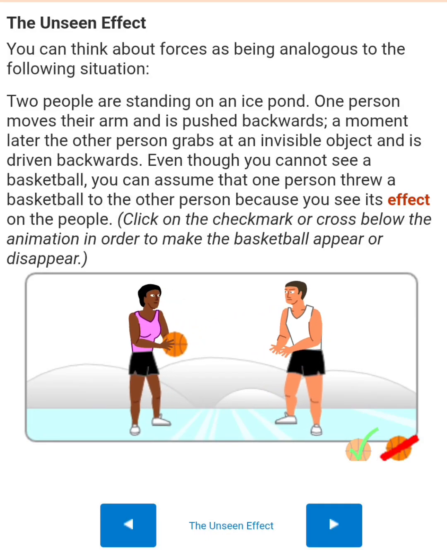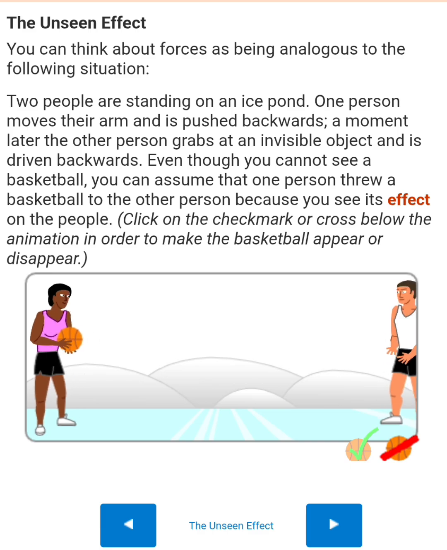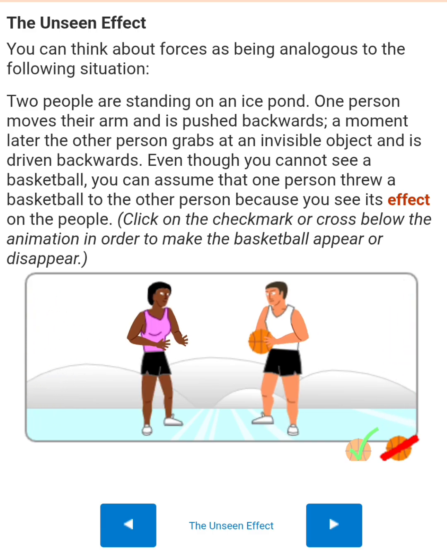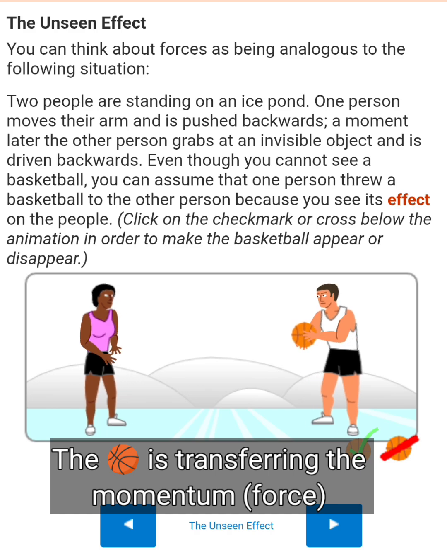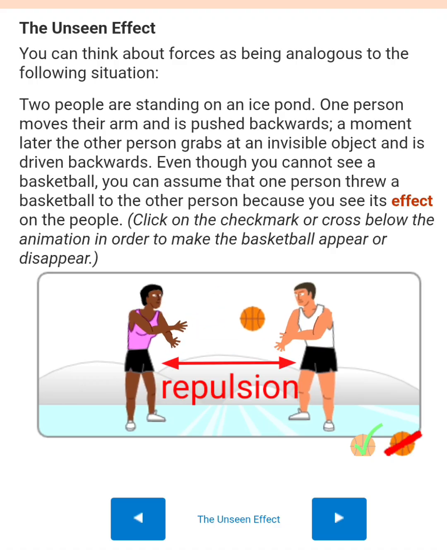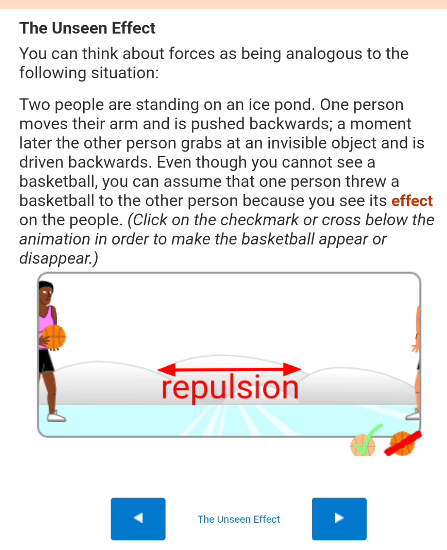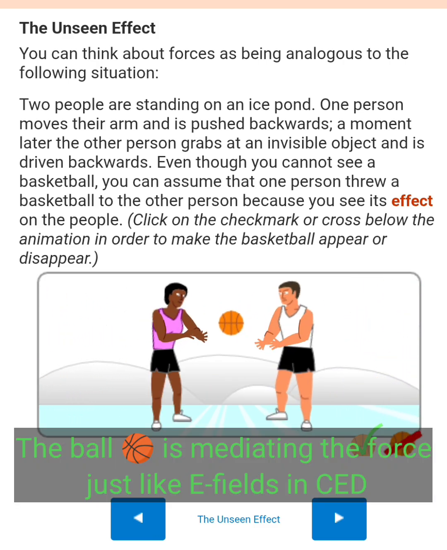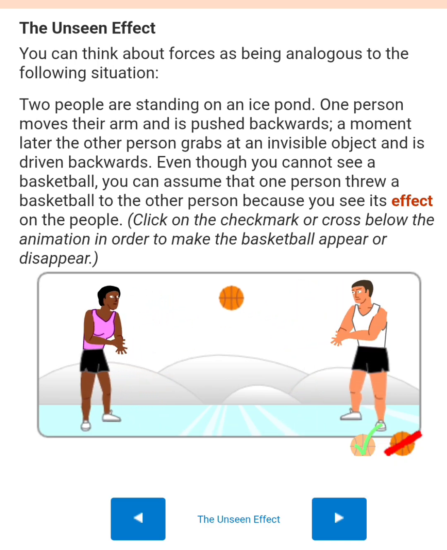Due to the conservation of momentum, they will get pushed a little by the ball, and here the ball is transferring the momentum, and the resultant motion is considered as repulsion. Also, this ball is the one mediating the force or the momentum.